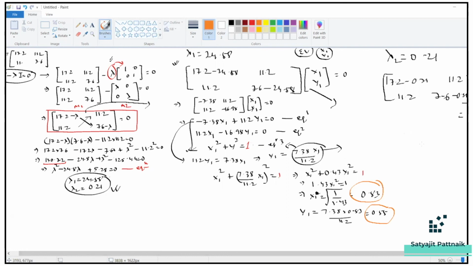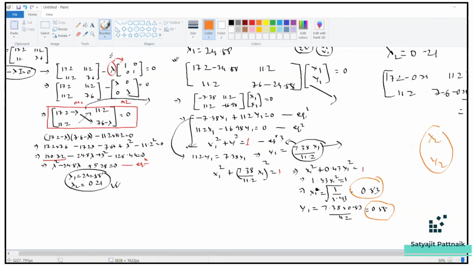So here you will be able to find your x2 and y2. So ultimately, let's assume it as 0.5 and 0.5. I hope it's clear. Now we are able to find all the x1, x2, y1, y2 values, right?